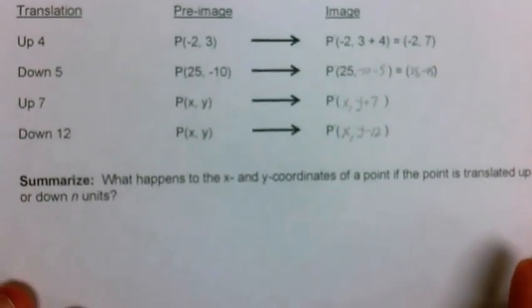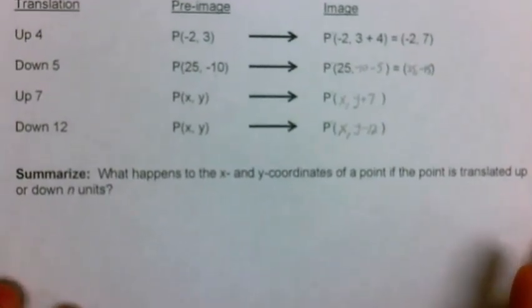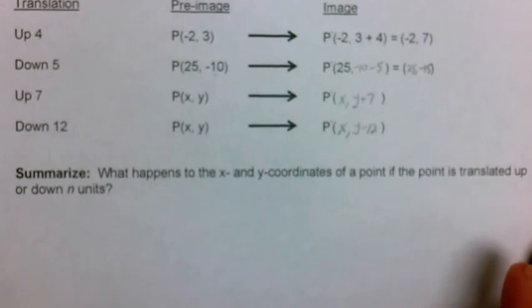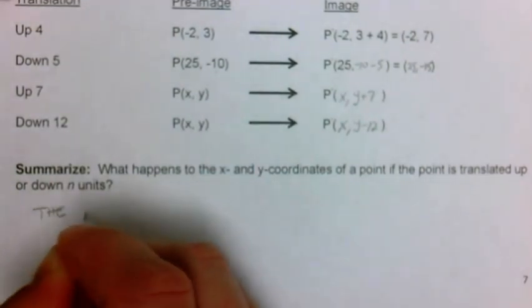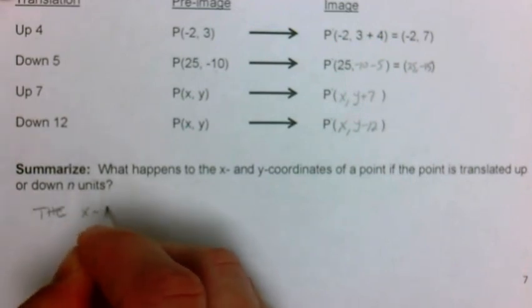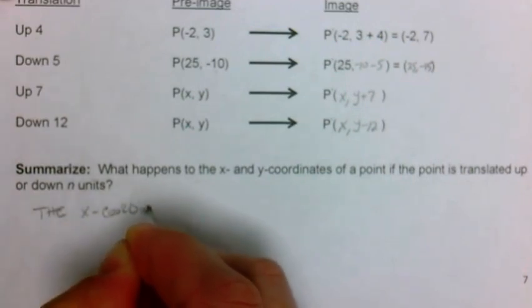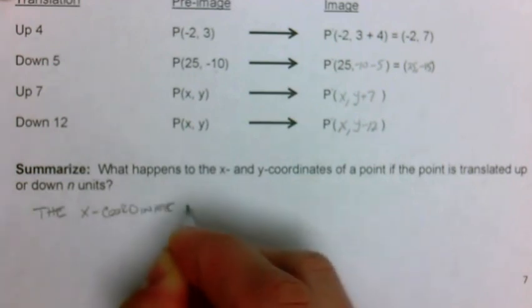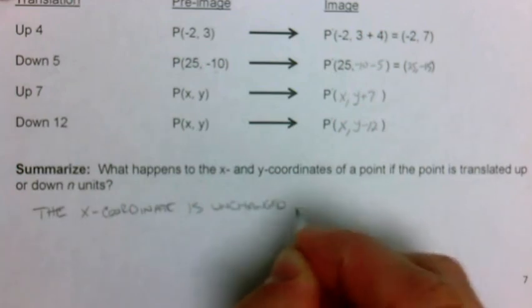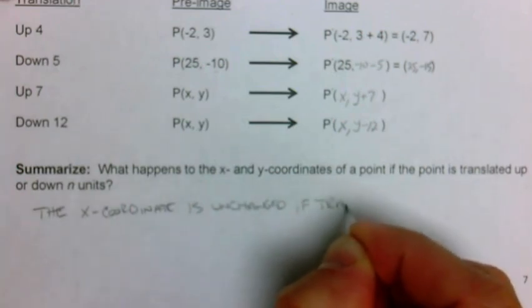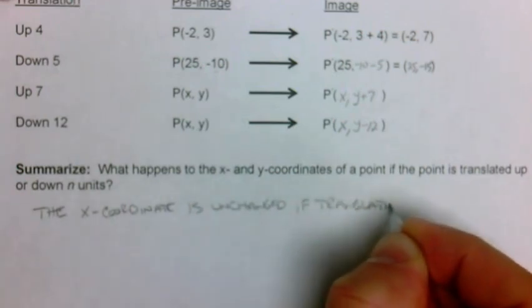So summarize what happens when you translate a point vertically up or down n units. Well, any translation vertically means that the x-coordinate will be unchanged. The x-coordinate is unchanged if translating up or down.